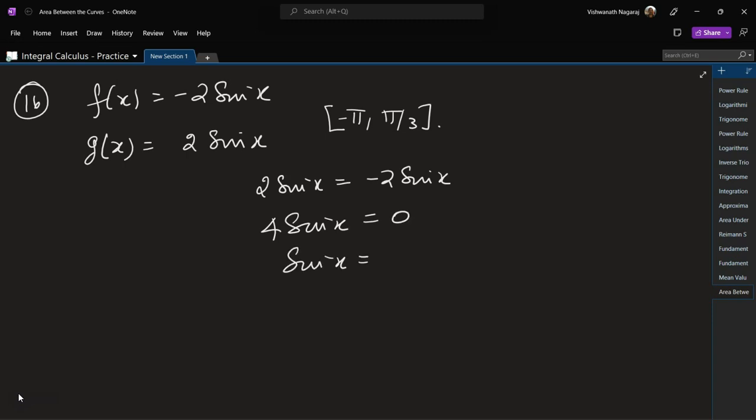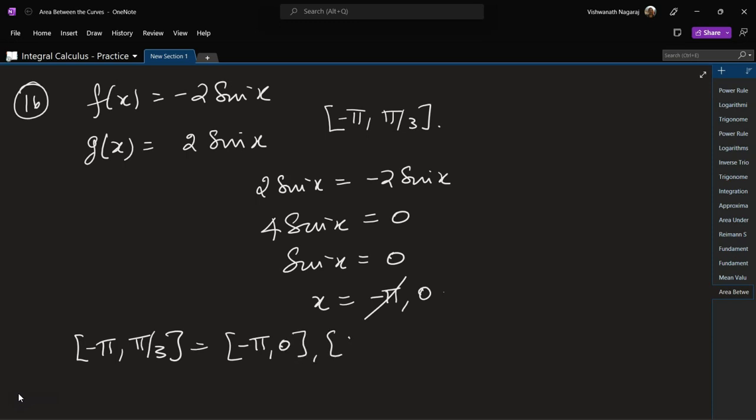Sine x equal to 0, which means x is equal to 0 in this interval. Minus pi is the boundary, so we can ignore it. So our interval minus pi to pi by 3 gets split into minus pi to 0 and 0 to pi by 3.